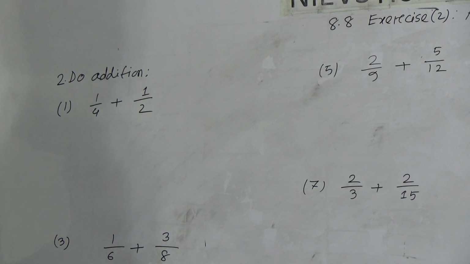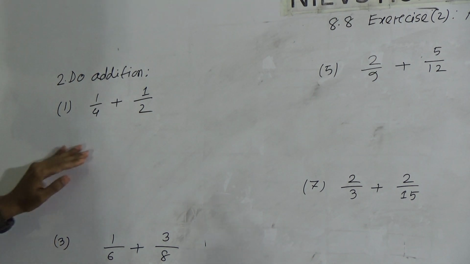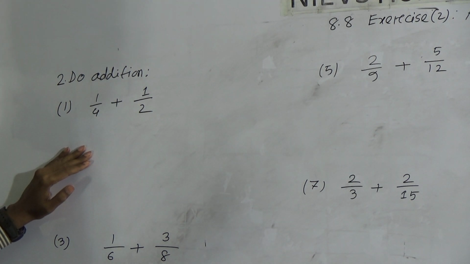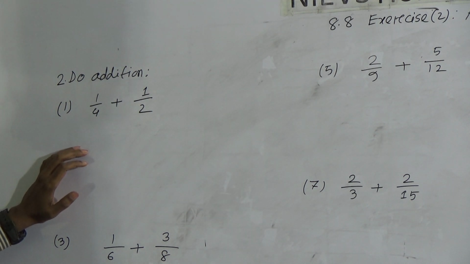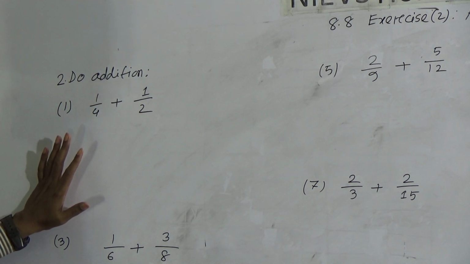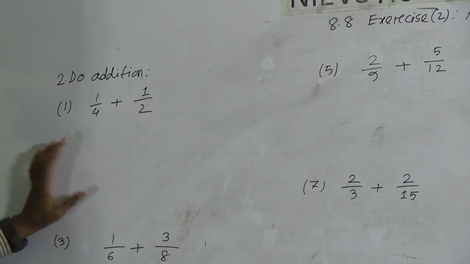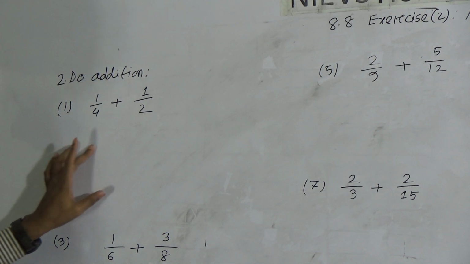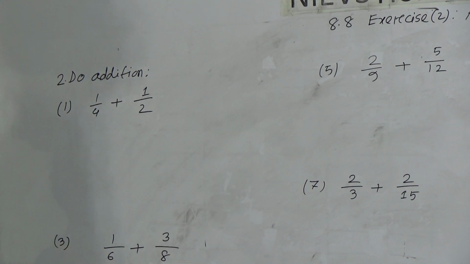In the previous class and class 4, in the first or half year exam, you know about the normal addition, subtraction, multiplication, division. But in 8.8 exercise, you have to learn now addition with fraction. Okay, student, look, question number 1.